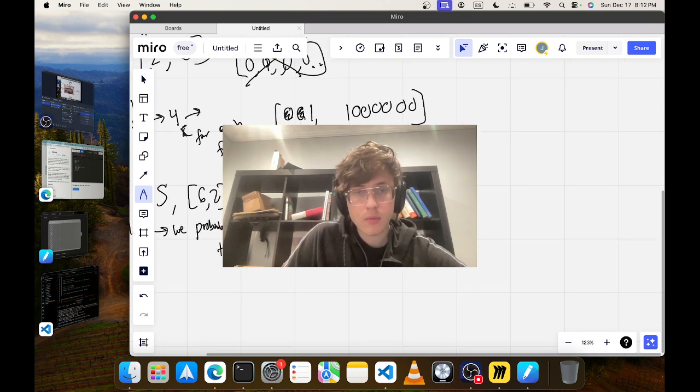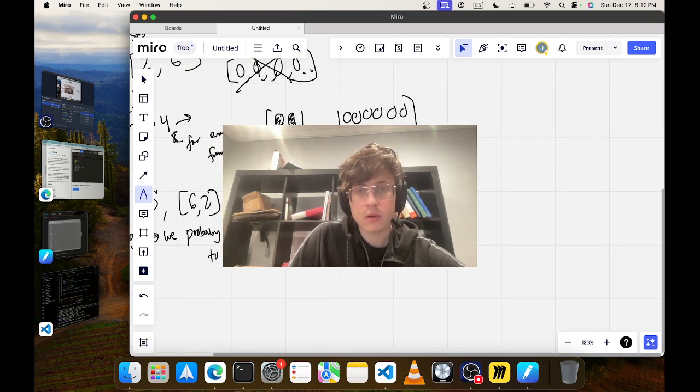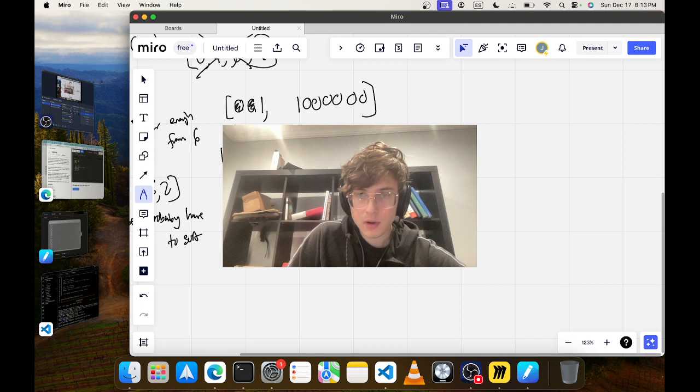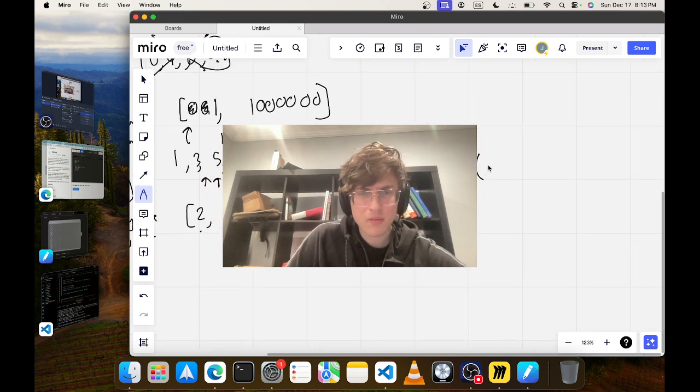Given that the list is sorted, we can fit in people at 3, 5, 7, 9, because there's not going to be any other people already sitting between these 2 people. So we take this really huge number, the end, subtract the start, and then integer divide this by k plus 1, probably.